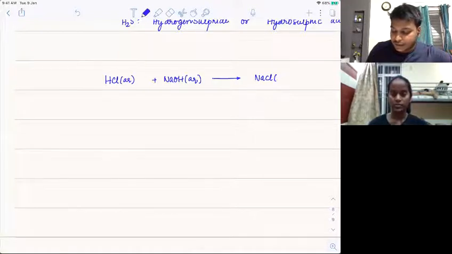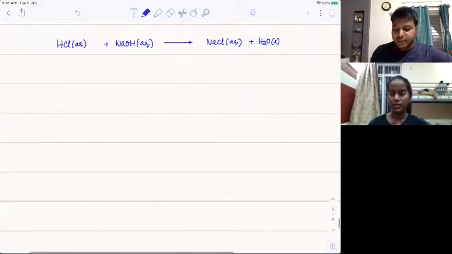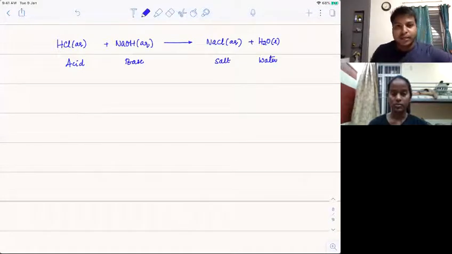So NaCl is salt, and water. This is what we get, right? So HCl plus NaOH gives NaCl and H2O, where these are an acid, a base, salt, and water. Okay, correct, beta?